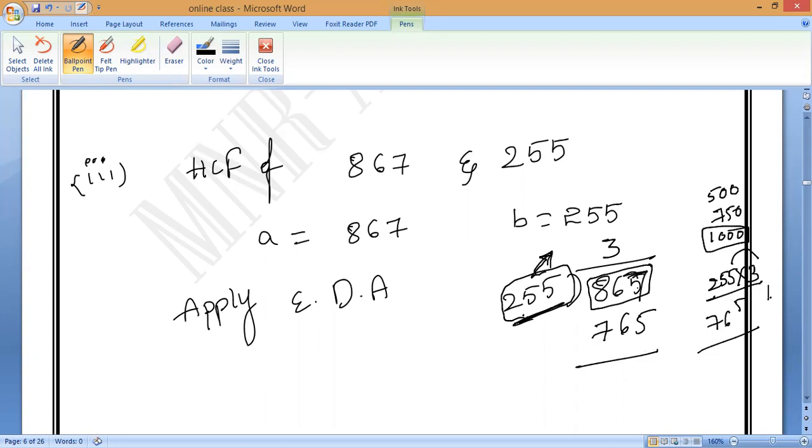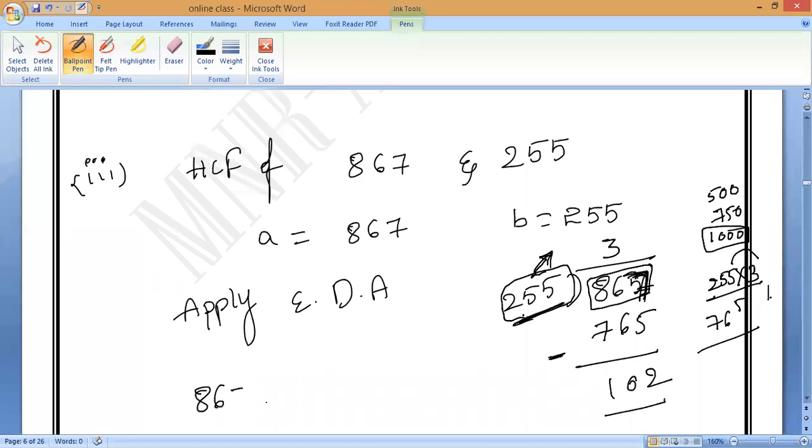This is 867. What is our remainder? Please respond. The remainder is 102.